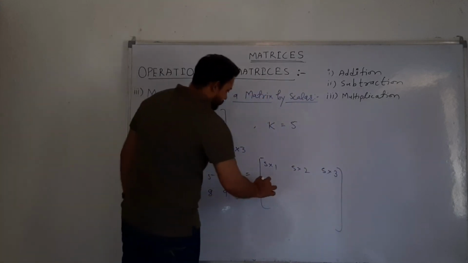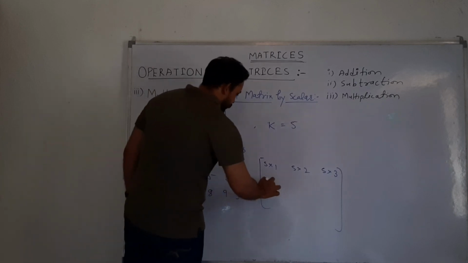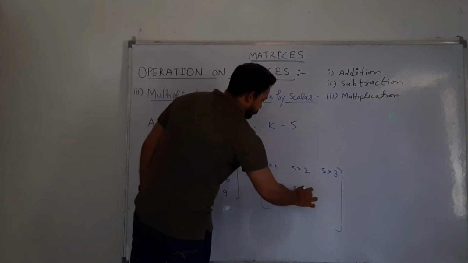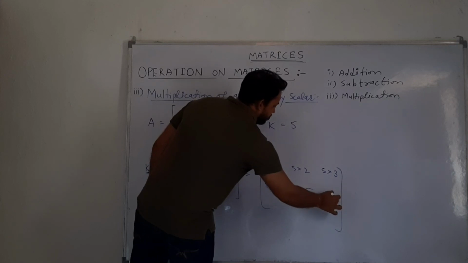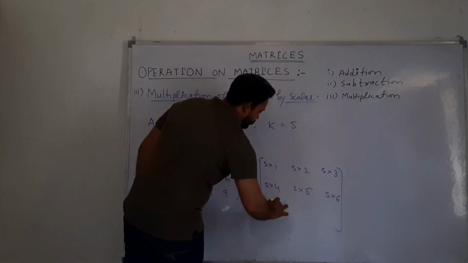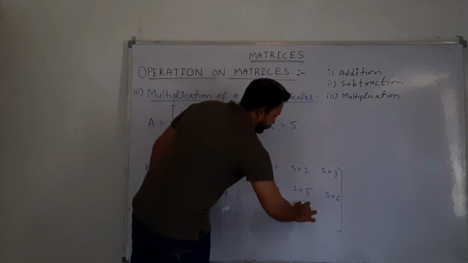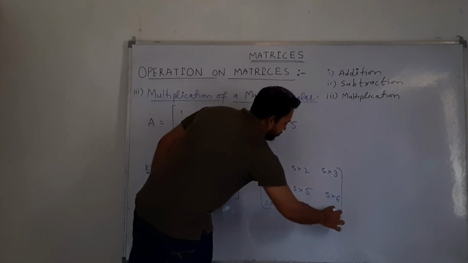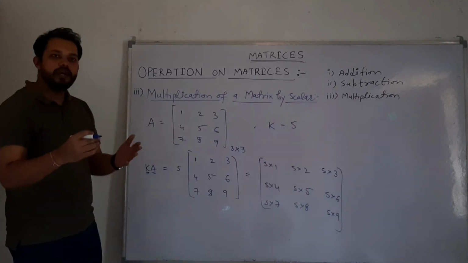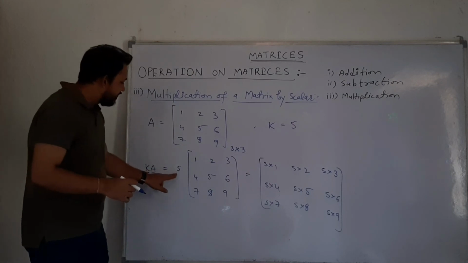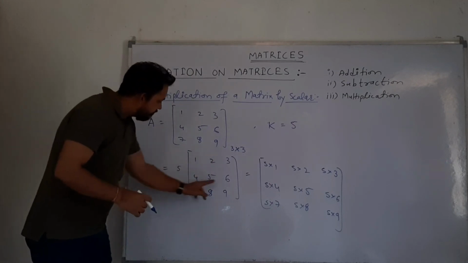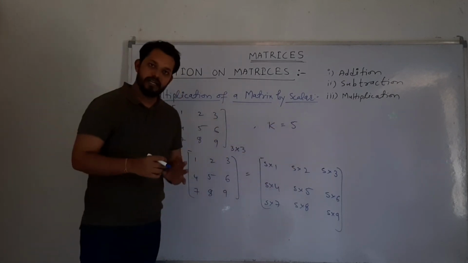In the same way, 5 into 4, 5 into 5, 5 into 6, 5 into 7, 5 into 8, 5 into 9. So what we did here? We simply multiplied the scalar with each and every element of the matrix.